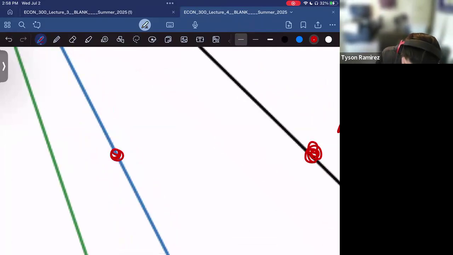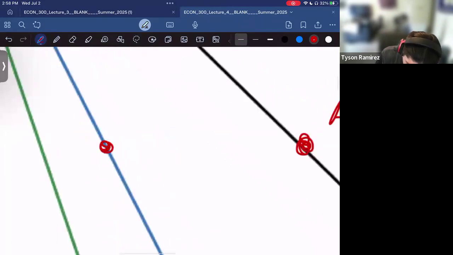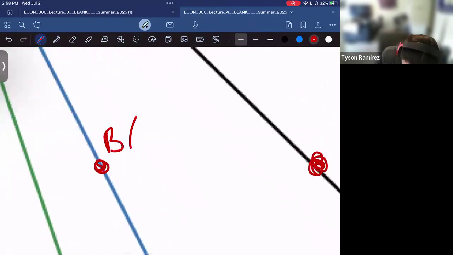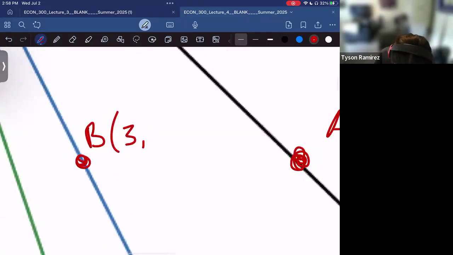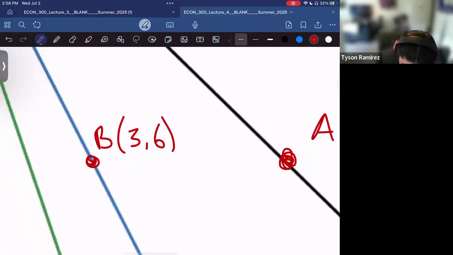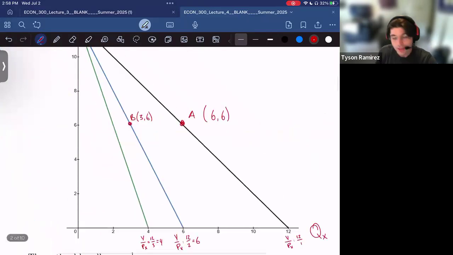Well, the lines are, but my points are not quite. So we're going to call that B. The consumer now, instead of 6 units, only consumes 3 of good X and 6 of good Y. They still spend all 12 of their dollars, but now they buy a little bit less of good X because it's more expensive.